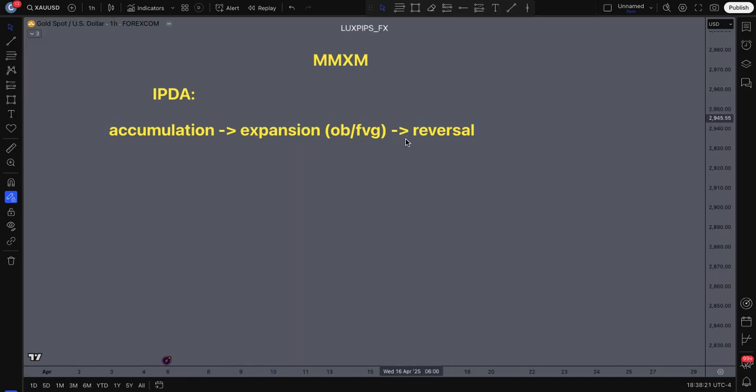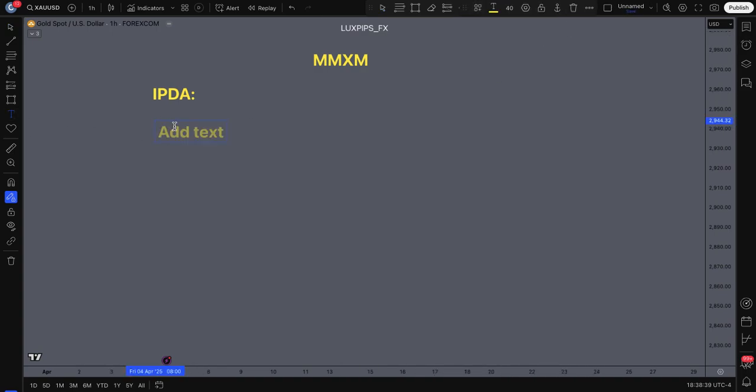Most people want this reversal part. Now it's a lot easier to see when this reversal is going to happen, knowing that accumulation happened, then expansion into these, and now you have your reversal. So you want to write this down in your notes.